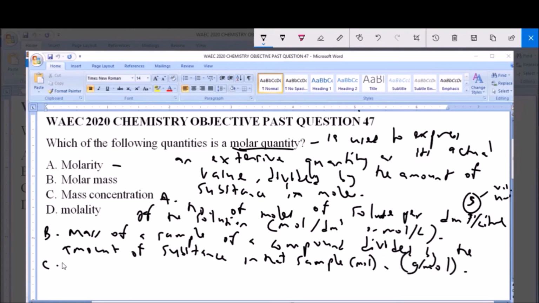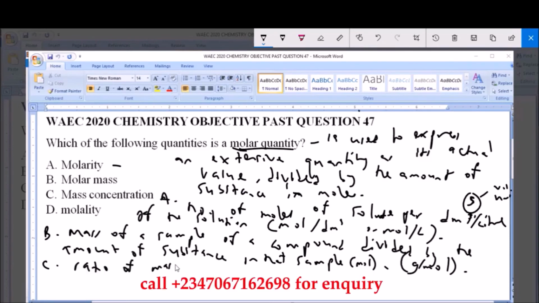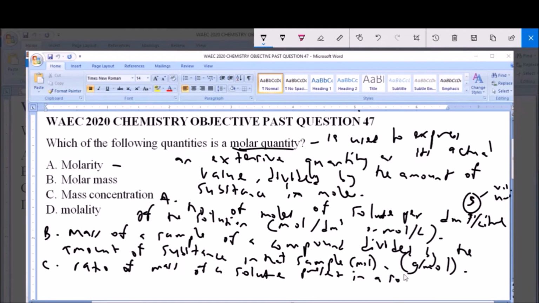Option C, mass concentration, is the ratio of the mass of a solute present in a solution to the volume of the solution, and its unit is grams per dm cube.